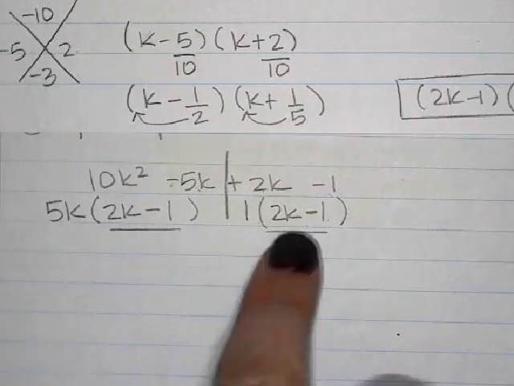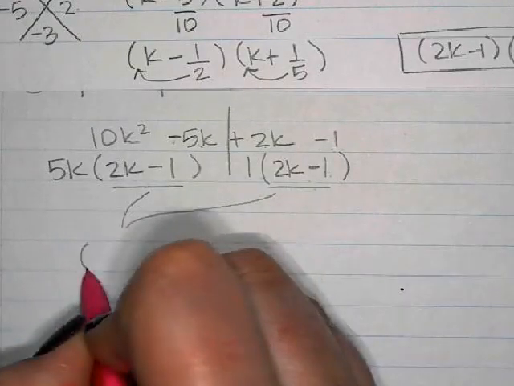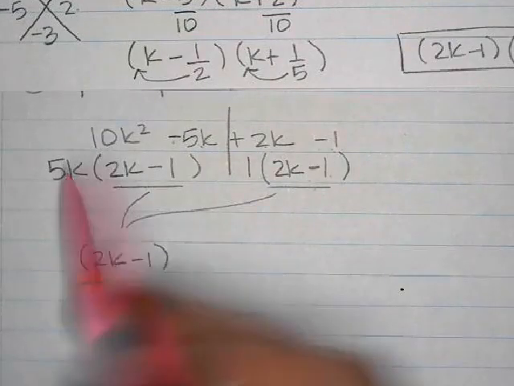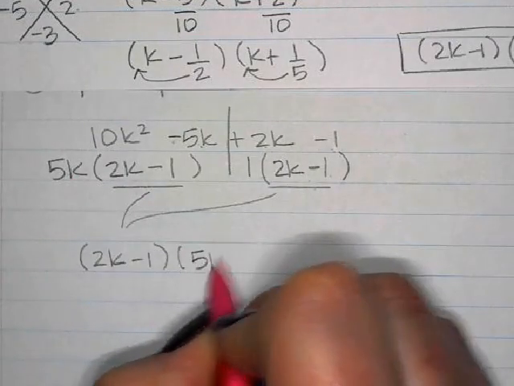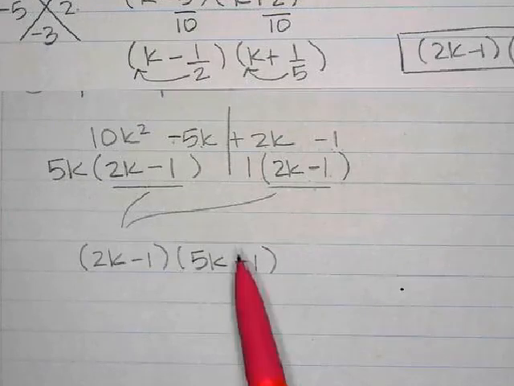So you would take your parentheses out to the front, 2k minus 1, and then you would write your leftovers. Your leftovers are a 5k and a positive 1. Yeah, so that's how Mr. Fulton did it, which isn't a bad way of doing it, but it's not super student-friendly in the beginning.